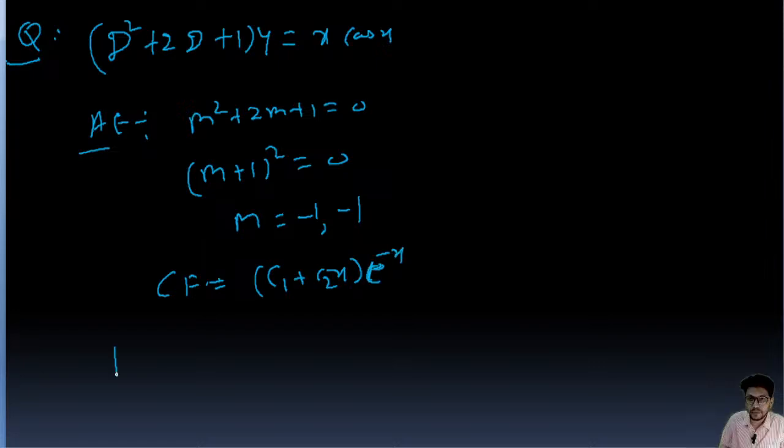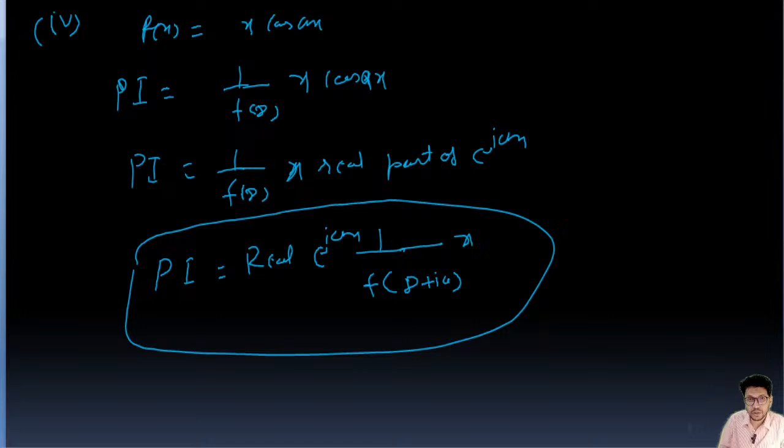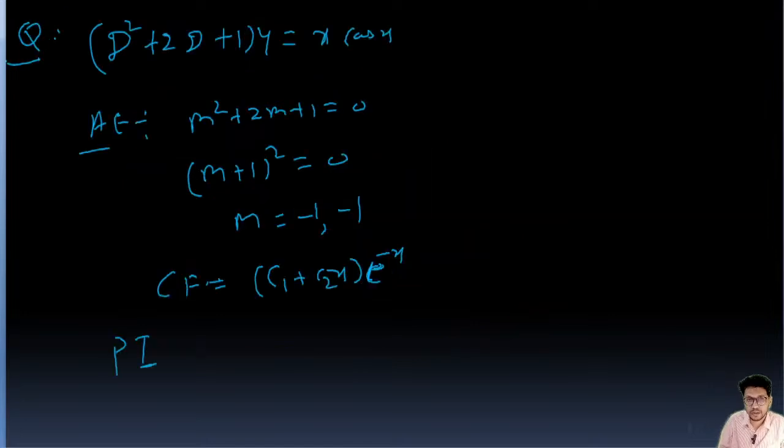Okay, so now we'll find the particular integral using these things, right? I have already told you. So the PI is going to be, so this is e to the power x times cos x, right? So cos means the real part. So first we'll write like this: 1 upon (D square plus 2D plus 1) times x e to the power iota x, right?